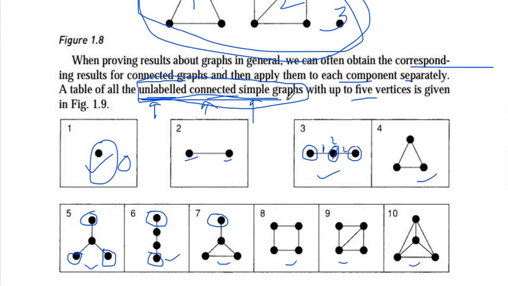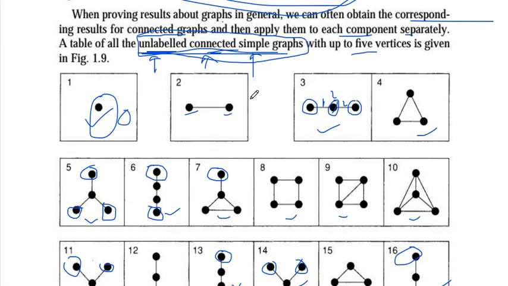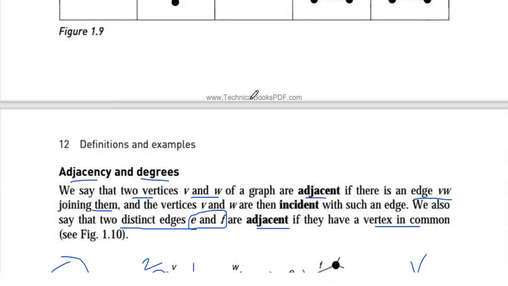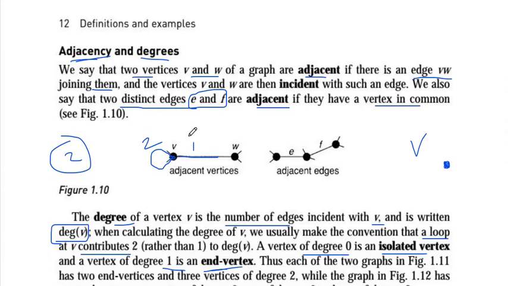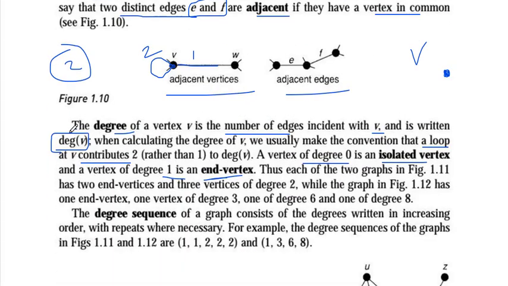Then for 5 vertices, unlabeled, connected, simple graphs, there are 31 different possible graphs we can draw. Then adjacency, adjacent vertices and adjacent edges. Then degree of vertices, written as degree bracket V. A vertex of degree 0 is called isolated, and a vertex of degree 1 is called an end vertex.